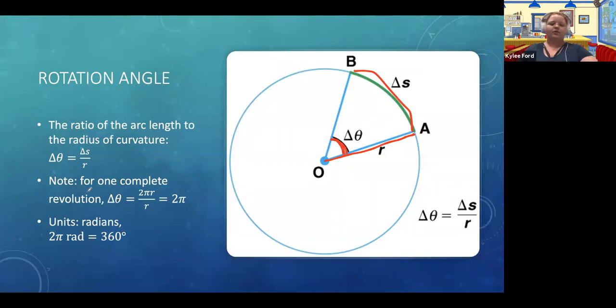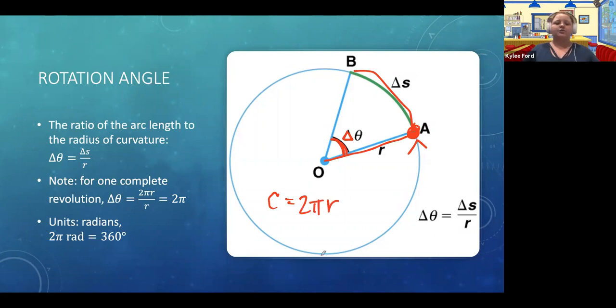Note that for one complete revolution, if I start from point A and travel all the way around this circle and end up back at point A, I can use delta theta to figure out how far I've traveled. Delta S in that case is the same as the circumference of a circle, which is 2 pi r.